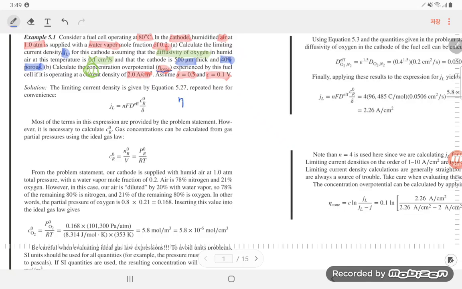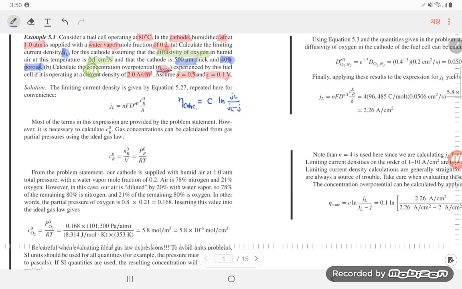Because, as we learned, the concentration overpotential is expressed in terms of the constant C, ln JL over JL minus J, where J is the operating current density and JL is the limiting current density.